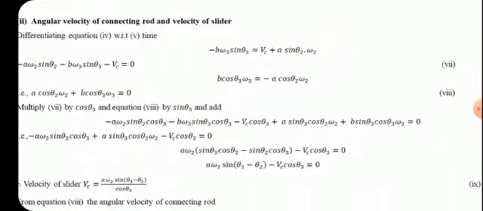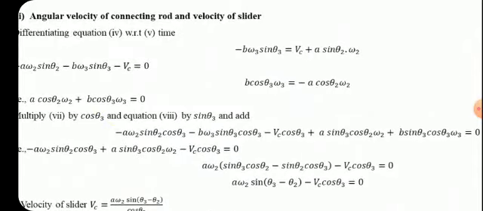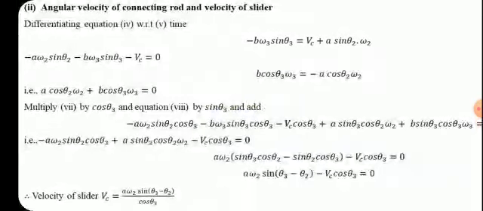Minus b omega 3 sin theta 3 plus vc into a sin theta 2 omega 2 minus a omega 2 sin theta 2 minus b omega 3 sin theta 3 minus vc is equal to 0.